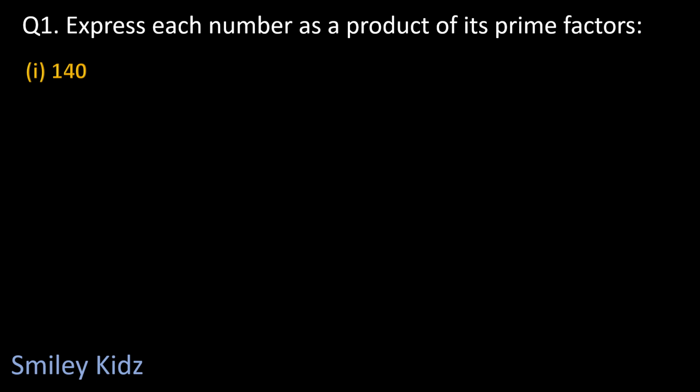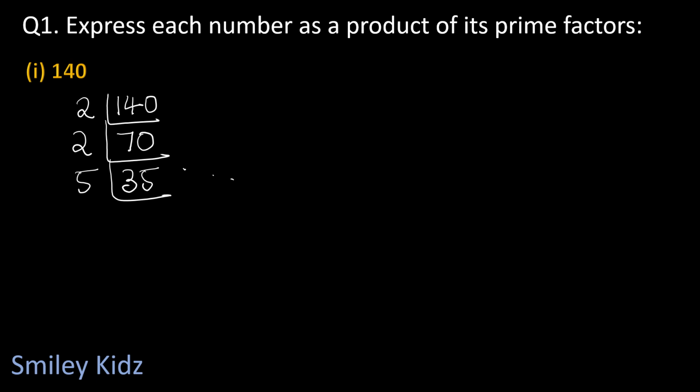Now in order to express 140 as the prime factors, we are going to find out the prime factorization of 140. Now 2 times 70, isn't it? Now 2 times 35. Now 5 times 7.